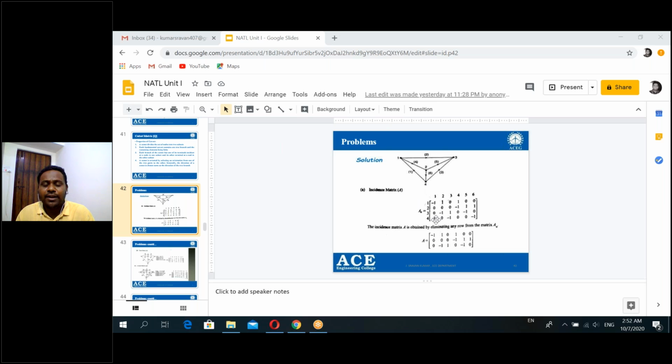I explained in the previous class that the advantages of the reduced incident matrix are less computation, that means fewer calculations, and less memory usage. This is the procedure of the incident matrix. The steps you can directly take as properties.